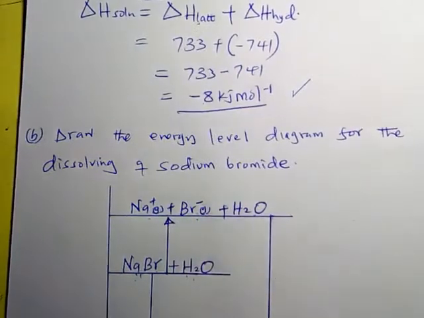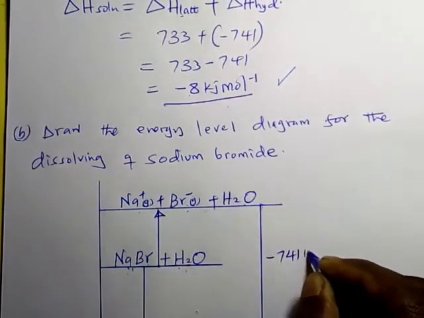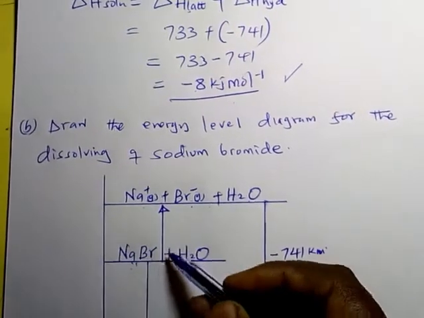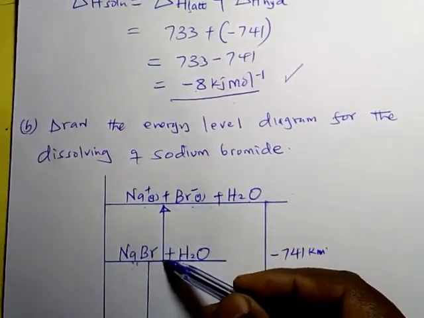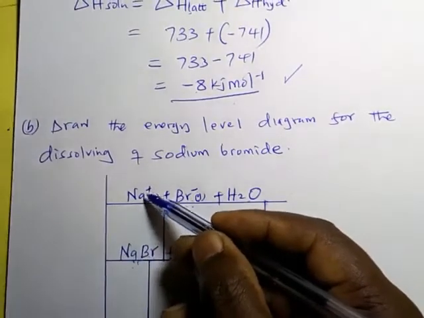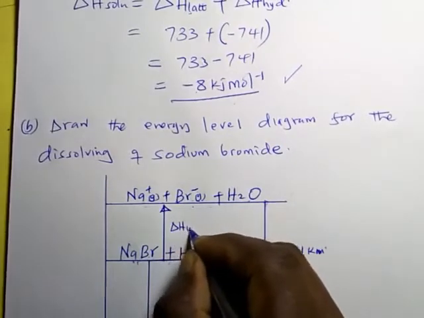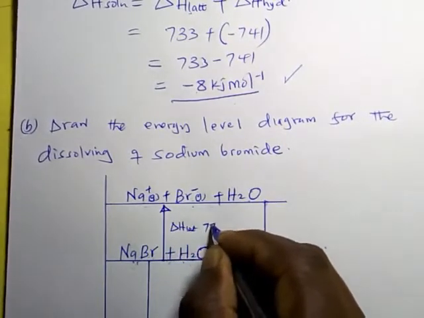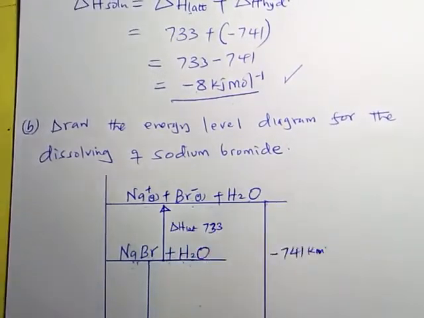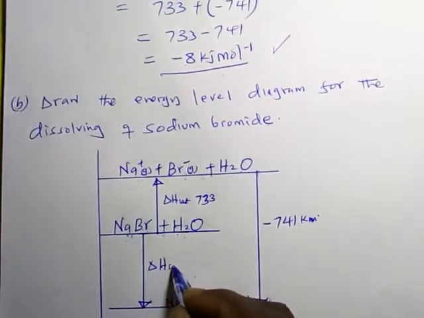Hydration energy is from here up to here, which is -741 kilojoules per mole. We have lattice energy. Lattice energy is the energy of breaking the bond to form a sodium ion in gaseous form. So that one is lattice, which is 733. So we can now calculate this heat of solution.